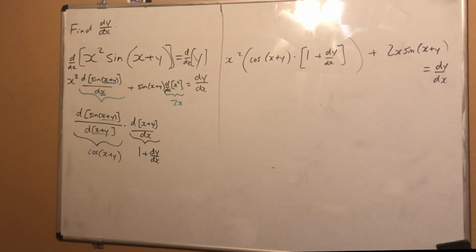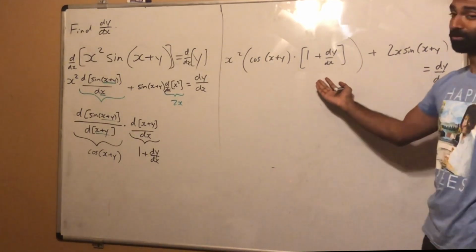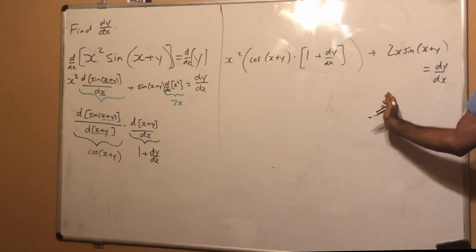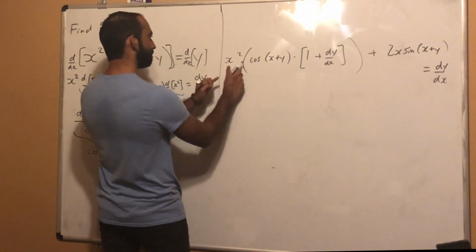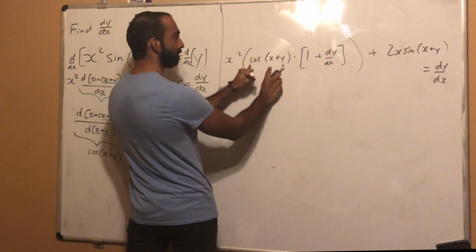Factor and distribute the cos of x plus y. Right, 1 plus dy over dx. I need to work with this first term, that's the messy term. I can put the x squared right in front of cosine.